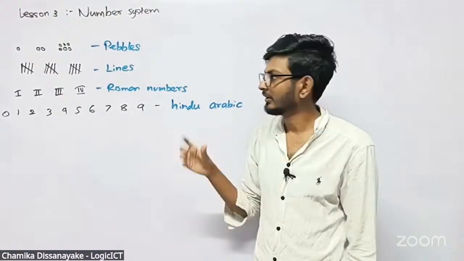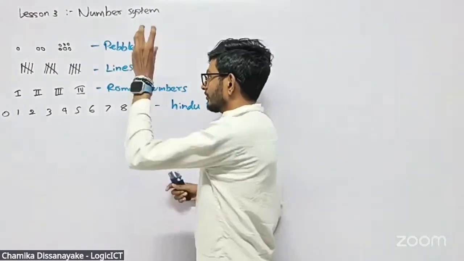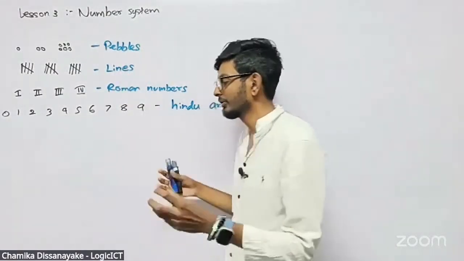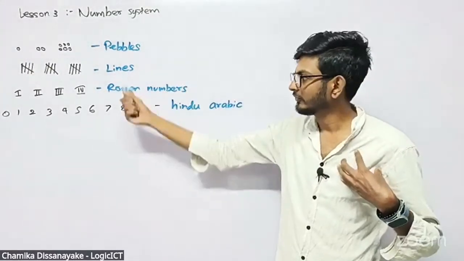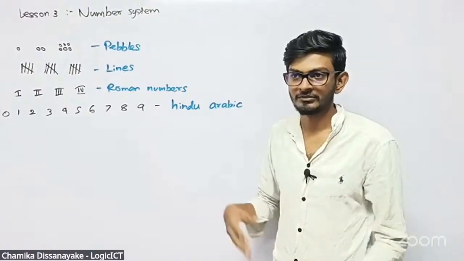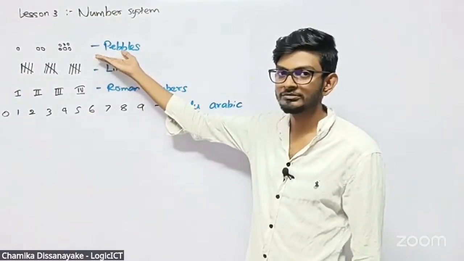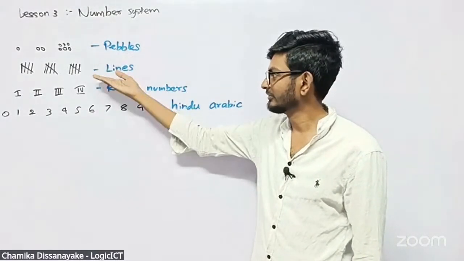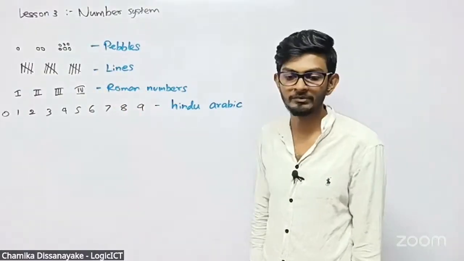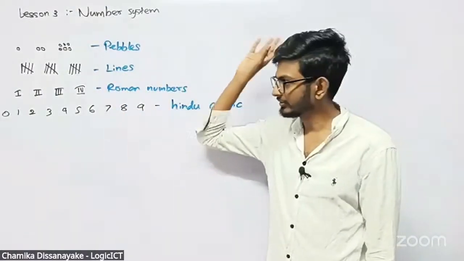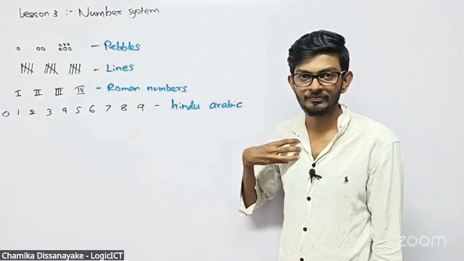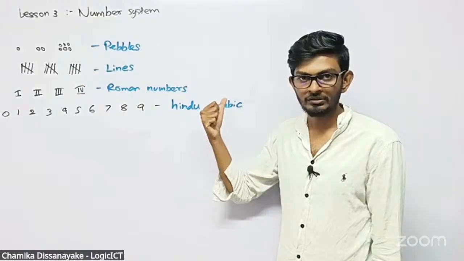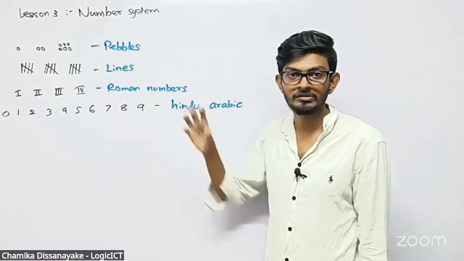Okay, guys. So as you know, those 4 number systems are used in our life. Humans use these 4 number systems. Today also we can use pebbles, lines, Roman numbers and Hindu Arabic numbers. Those are the number systems that we are using. Likewise, our computer has different number systems.